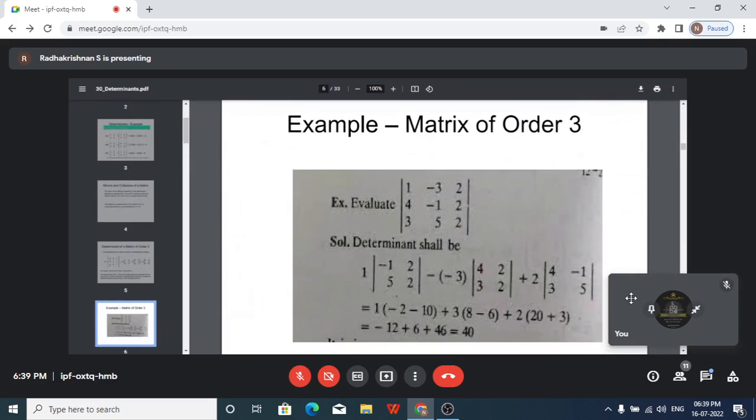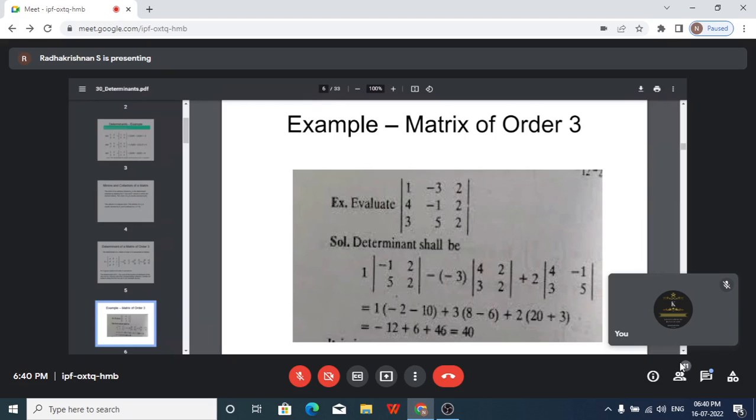Now let us take an example. So evaluate this determinant 1 minus 3 2 4 minus 1 2 3 5 and 2. So it will be 1 into, so we take out that row and column, so what remains is minus 1 2 5 2, then minus, okay, so then take the next element which is minus 3 into, take out that row and column, you get 4 2 3 2.